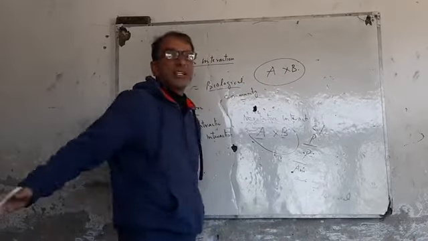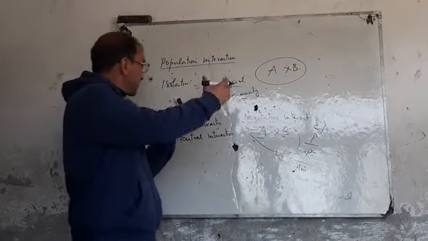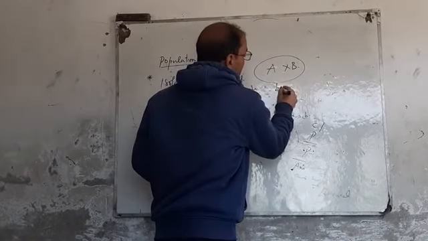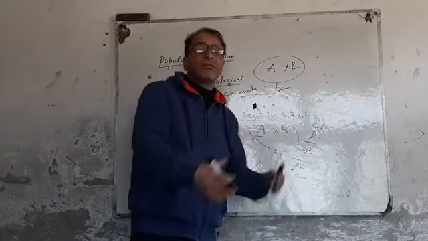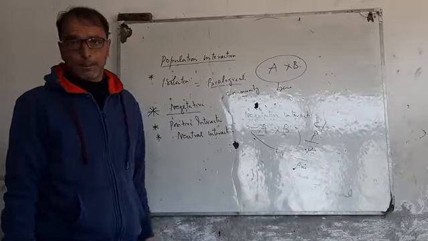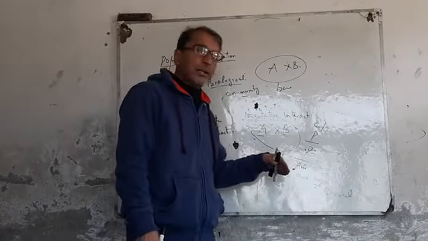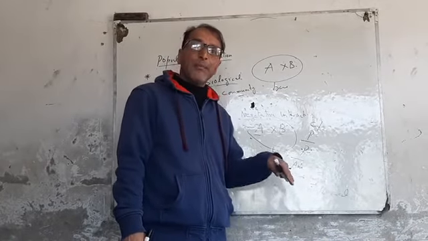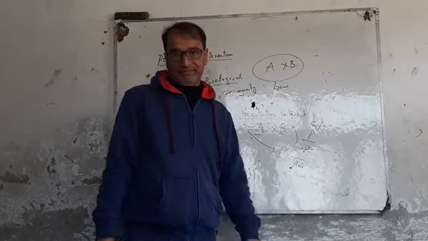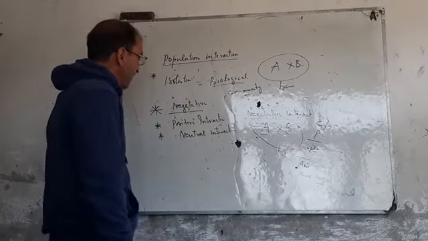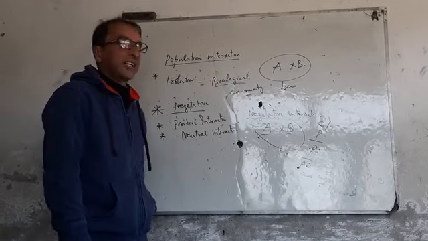They interact with each other, and their interaction is of positive type. Either both A and B will be benefited, or at least one will be benefited. The other may or may not be harmed. This is positive interaction.